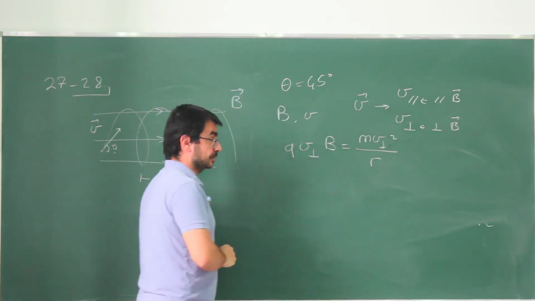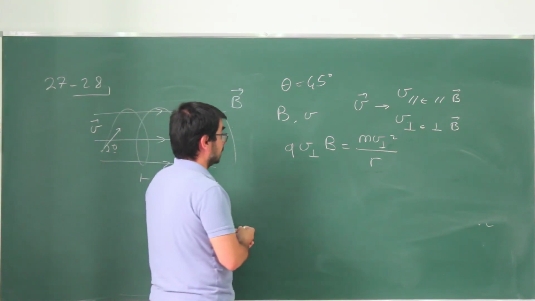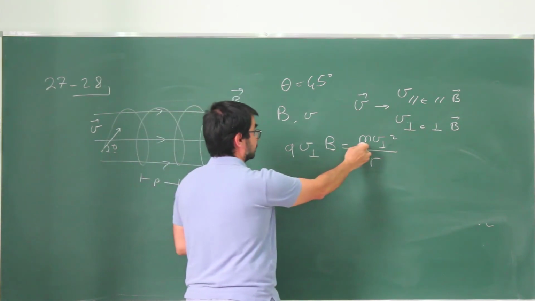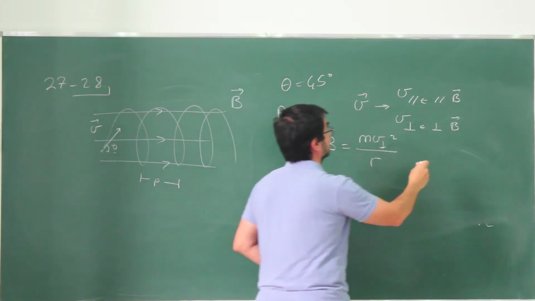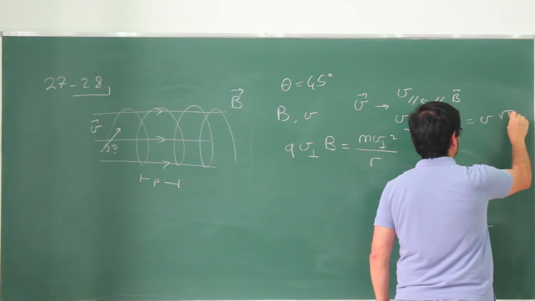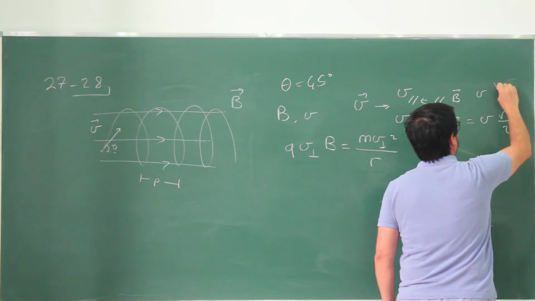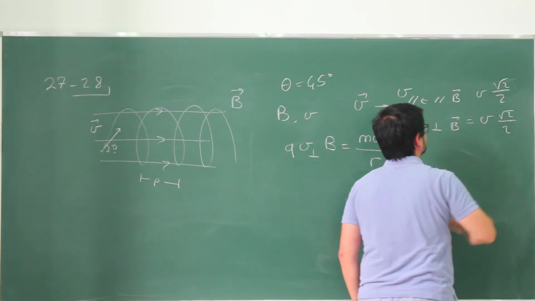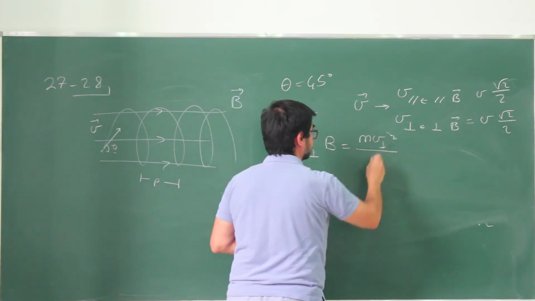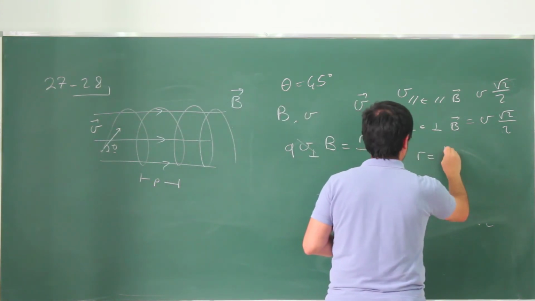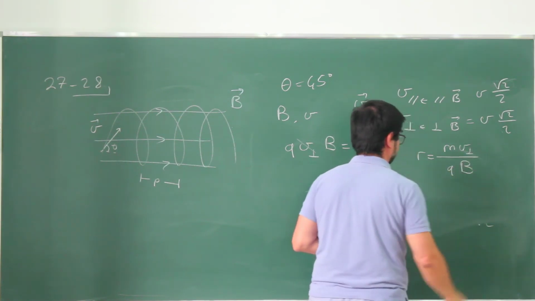This is the centripetal force, right? So the magnetic force is responsible for the circular motion, and we know everything here. We know the charge of the electron, we know the mass of the electron, the magnetic field is given. We can calculate the perpendicular components, so in fact these are both equal to v square root of 2 by 2, because the angle is 45 degrees. We know this, and we can just calculate everything. In fact, there's some little cancellation happening here. R is going to be m v perpendicular divided by q times B.